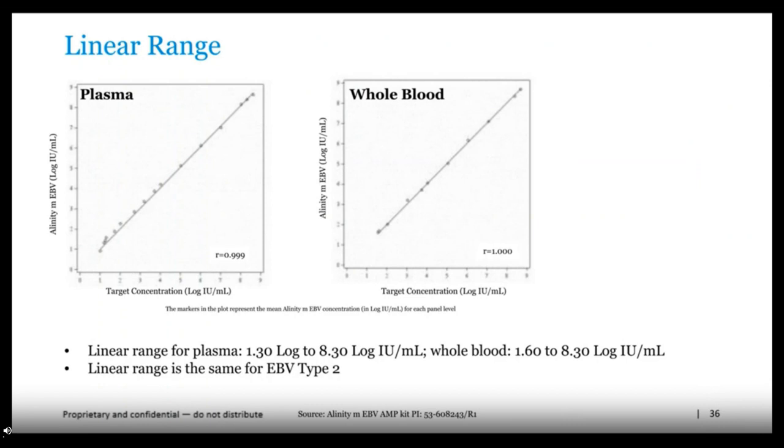Again, linear range for both plasma and whole blood. As we mentioned earlier, 1.3 logs to 8.3 logs in plasma, 1.6 to 8.3 logs in whole blood. The linear range was also determined with EBV. This is genotype 2 with essentially the same results.